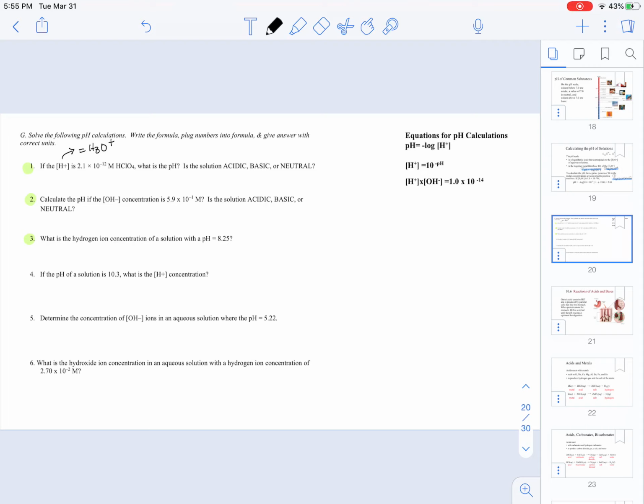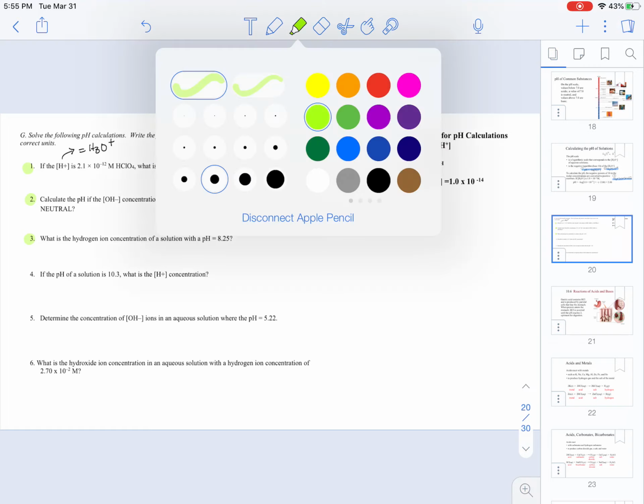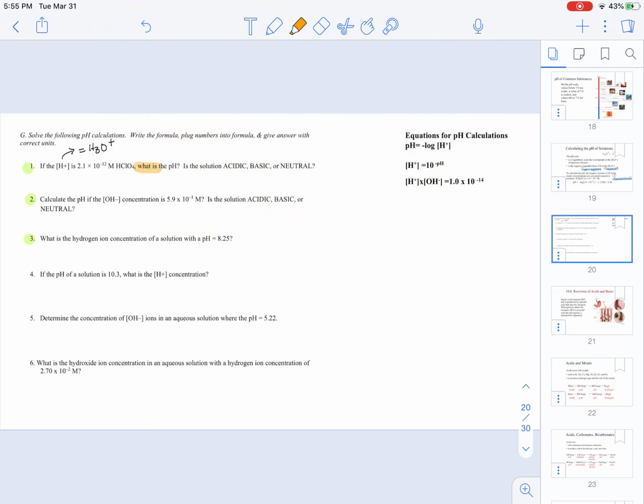When it comes to this, understand that because the question is asking for pH, we're going to be using the pH equation. pH equals the negative log of this value that we have, which is 2.1 times 10 to the negative 12 molar.